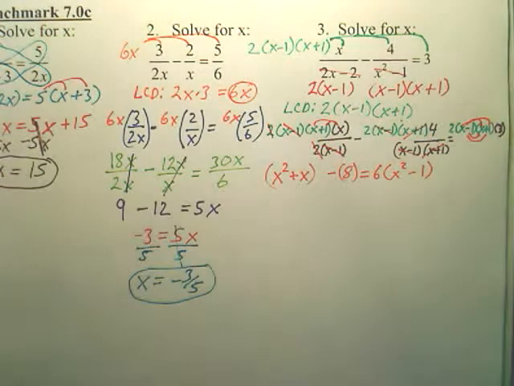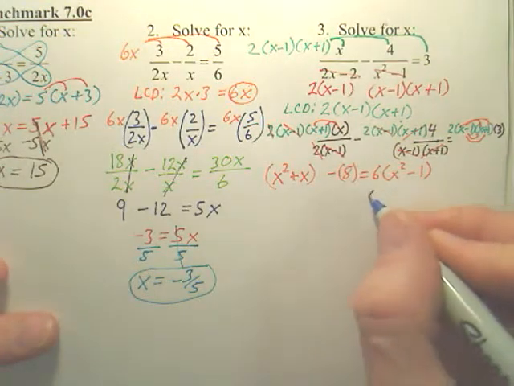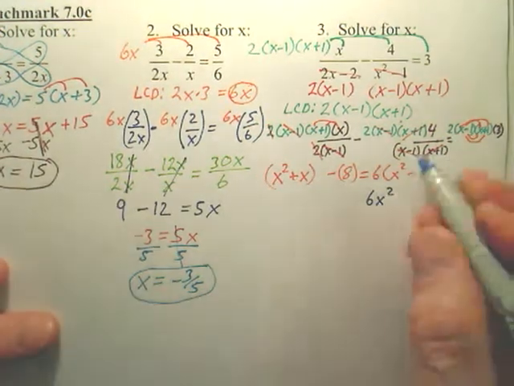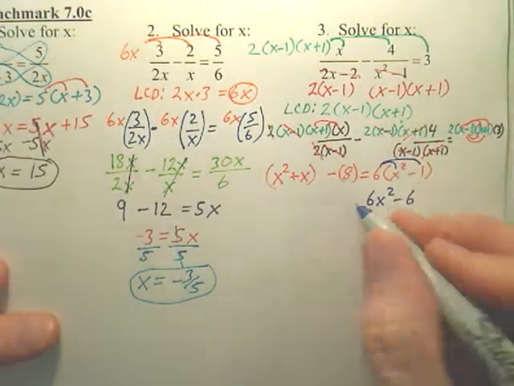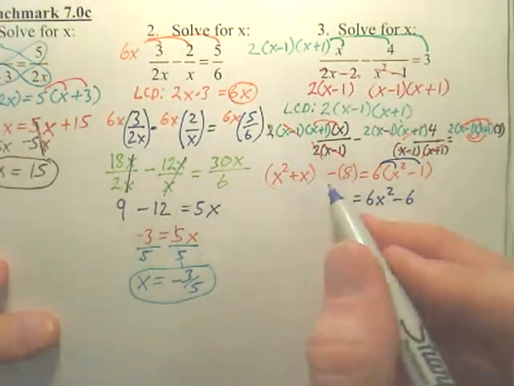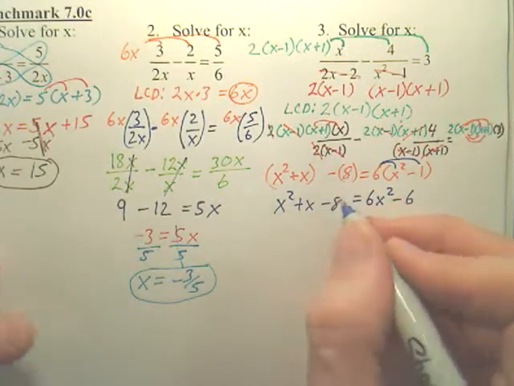Now you want to solve this. It has x squared, so it's going to be a quadratic, so we're going to get the x squareds by themselves. First step would be to distribute this 6. Over here, combine like terms, so it looks like we have x squared plus x, and that's minus 8.